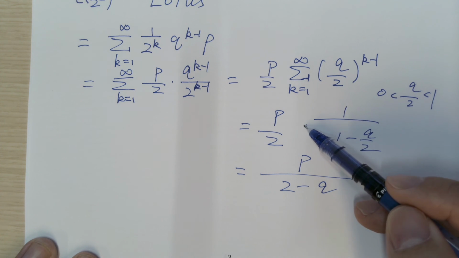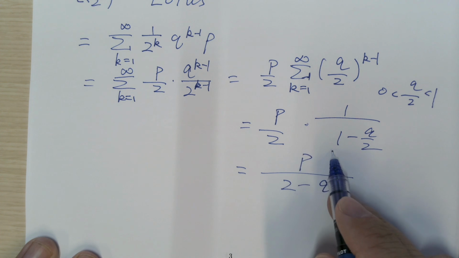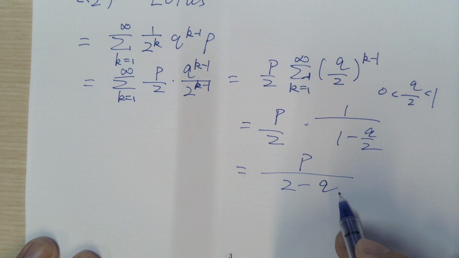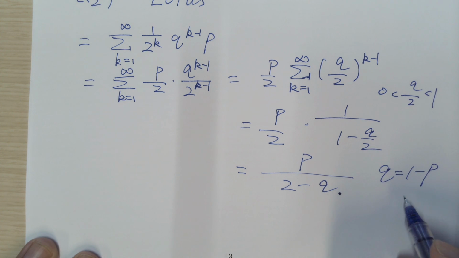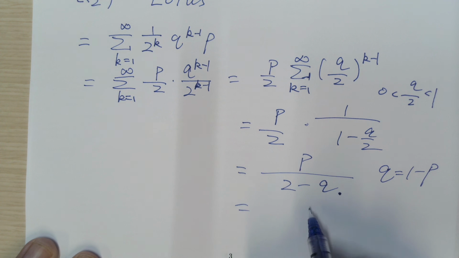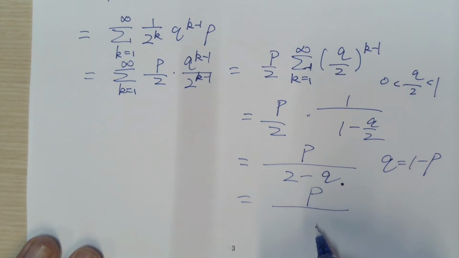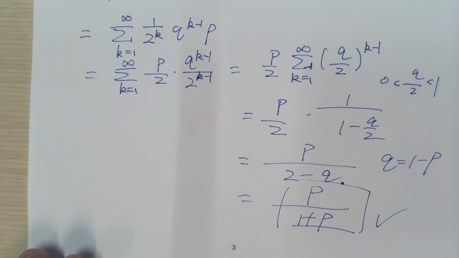You multiply it, so p times 1 is p, 2 times 1 is 2, minus 2 times q over 2 is q. Remember we said q equals 1 minus p, so you can derive this as p over 1 plus p. So that is the expectation. Okay, so hope you enjoy this.